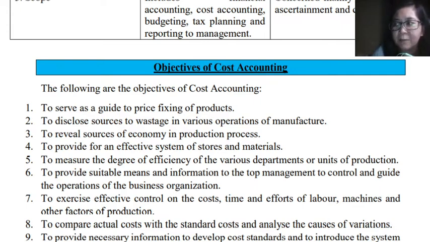When we say value in production, meaning these are important activities or materials or process that creates usefulness to the product when the customer uses the product.